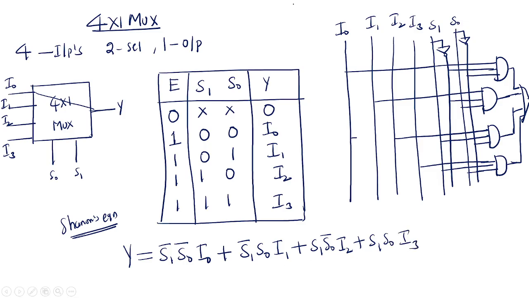Bar means I am getting it through the inverter. This is the Shannon's equation. Okay, this is 4 cross 1 MUX. Shall I move forward?